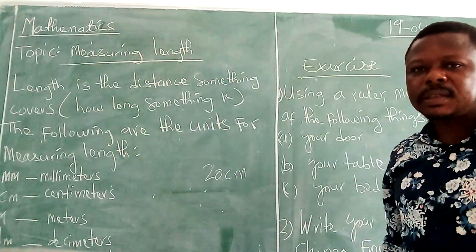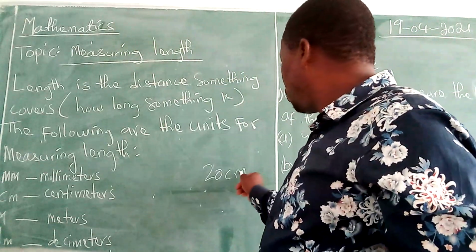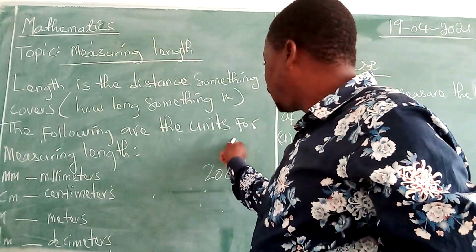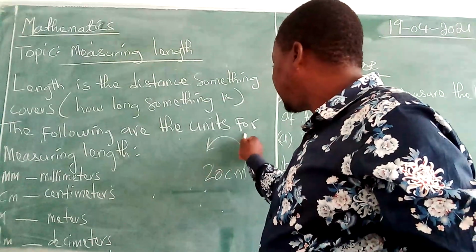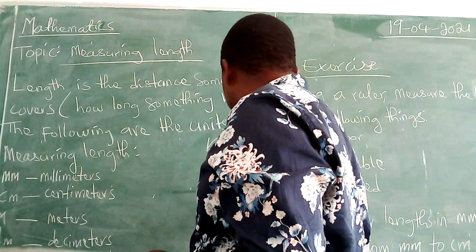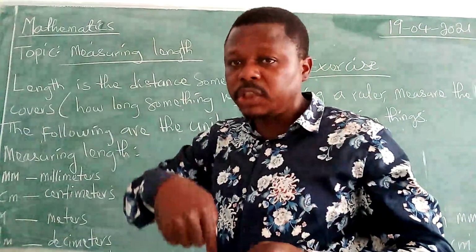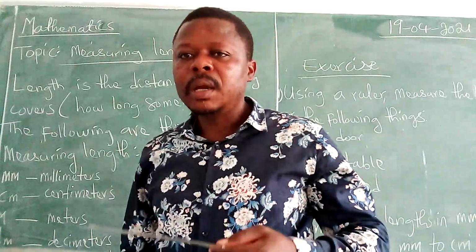Using our metric table, when you want to move from centimeters up to millimeters, you are going up, so you add 0. So 20 centimeters will become 200 millimeters. So if you have your answer in centimeters, you can change it to millimeters.